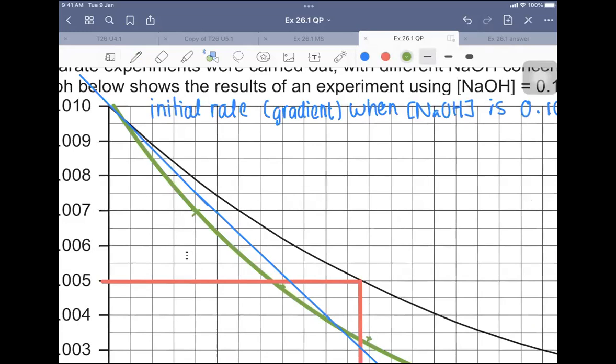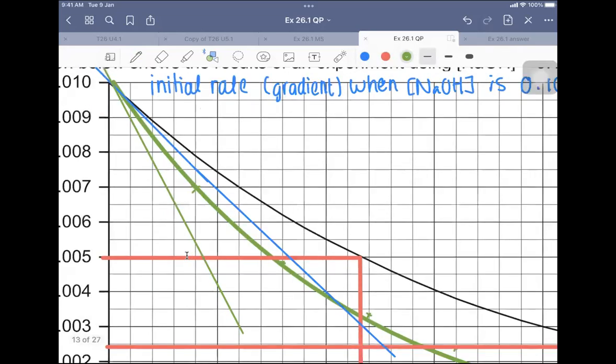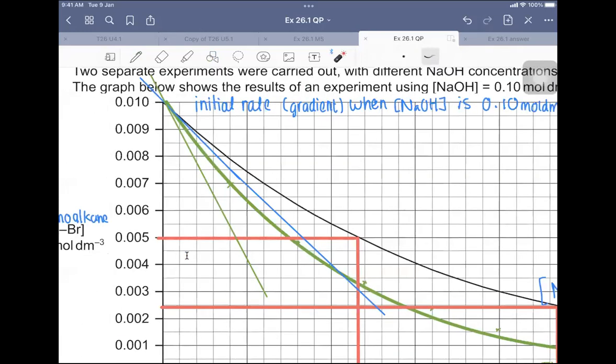So I will draw a tangent to the green line and extend it. Well, it's not great, but you'll do your best. You can see that there's a nice point there. Again, it depends on how you draw your line and your curve.